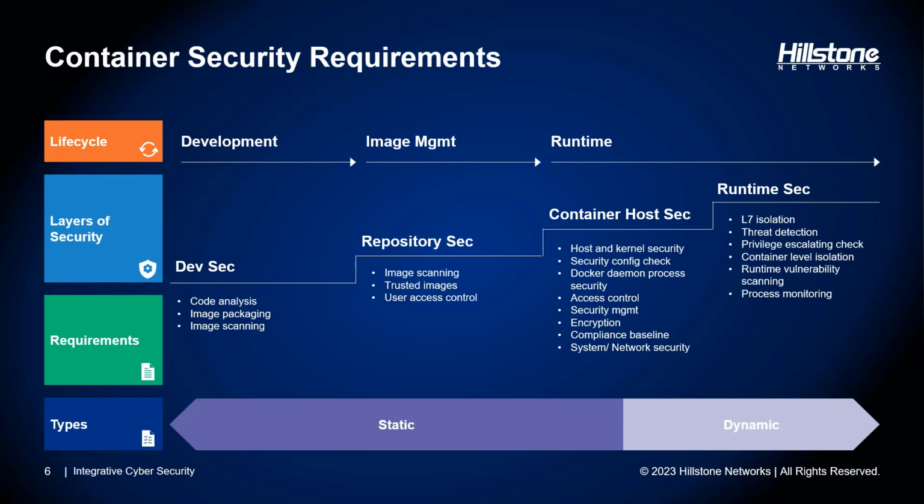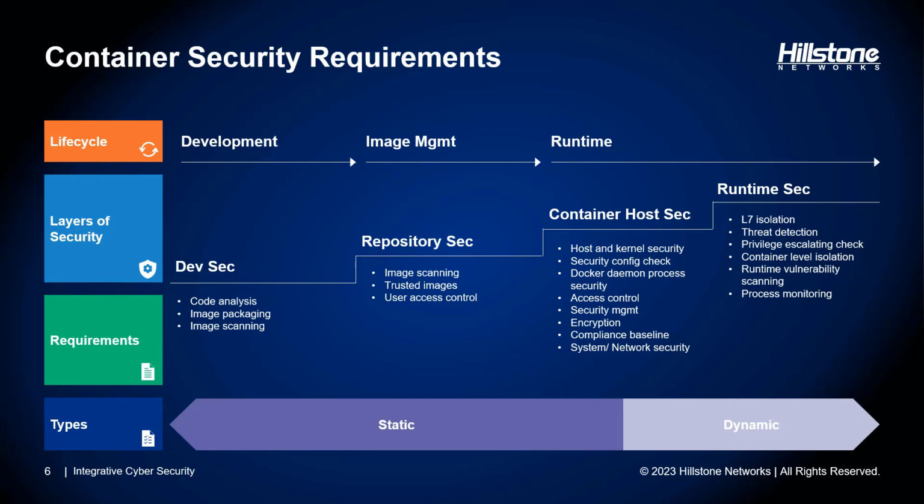After all, at this stage, things are still in development. So during that development process, we can insert forms of security that will be helpful later on in the lifecycle. Examples of security we can implement are code analysis, which is essentially careful reviews and considerations when building the code, and taking precautions when packaging the images and pre-scanning them.